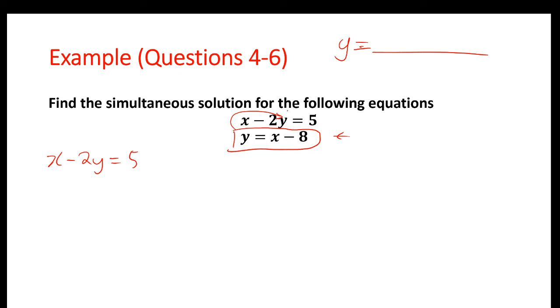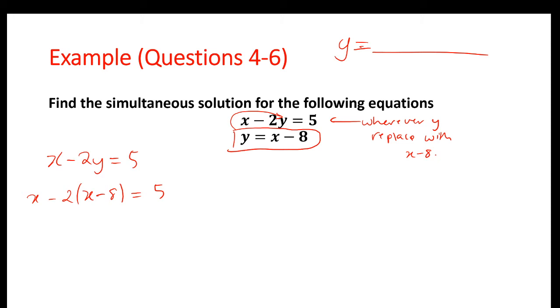So x minus 2 lots of, and we need to make sure this is in brackets because we're timesing everything by this x minus 8, and that is equal to 5.